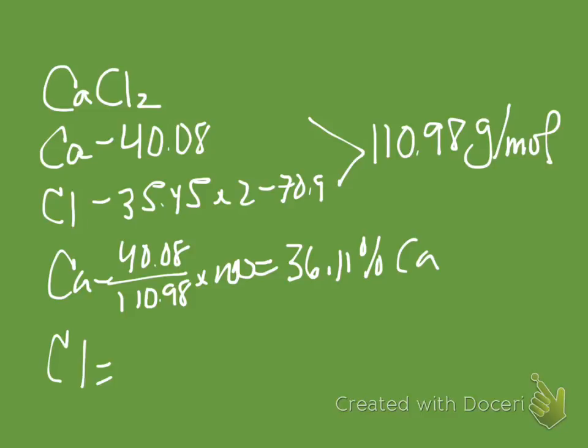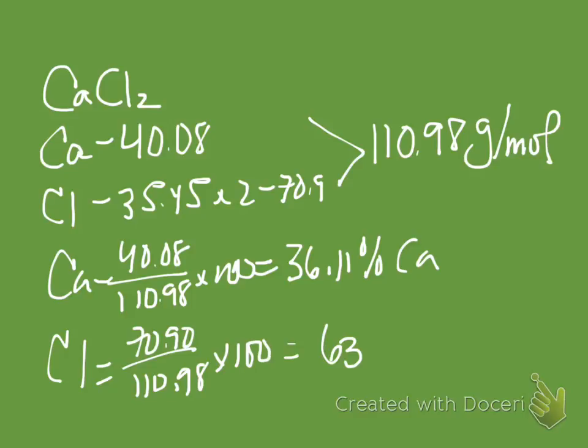And for chlorine, 70.90 divided by 110.98 times 100, and when we sig fig and everything, we get 63.89% chlorine. Okay?